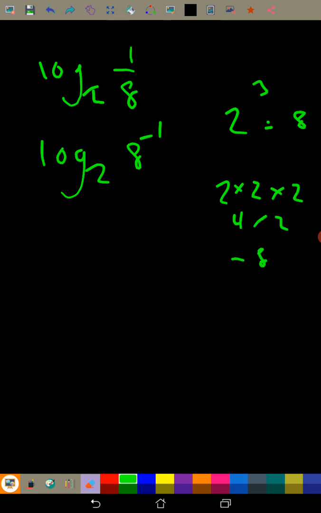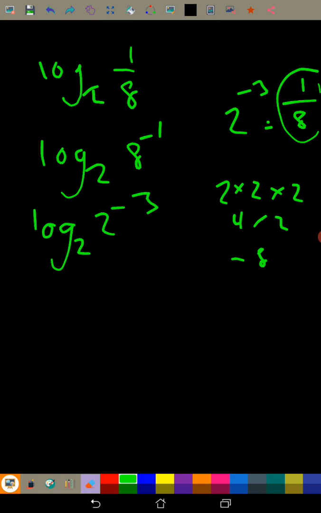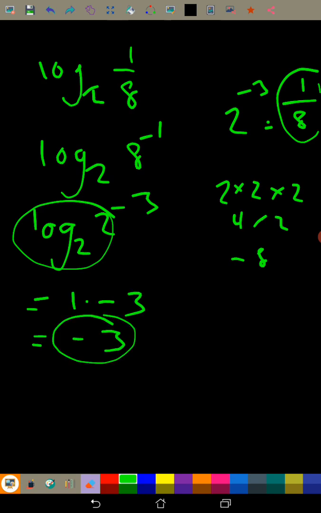Because we put it up, it's going to be minus. So that's what we did. So we can rewrite it therefore as this. So we have 1 here, and we'll get 1 times -3 is equal to -3, and that's good.